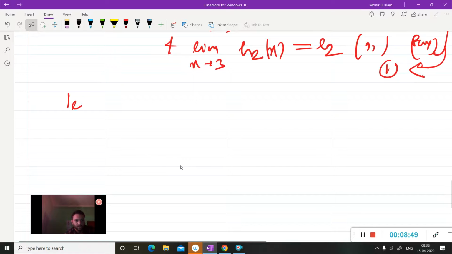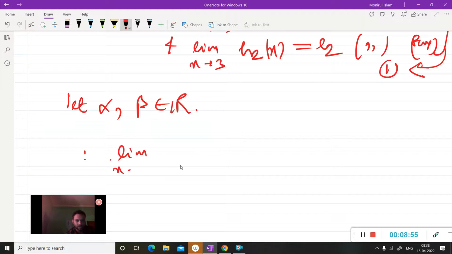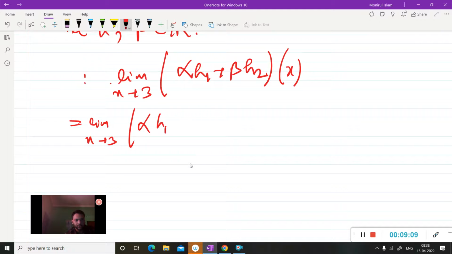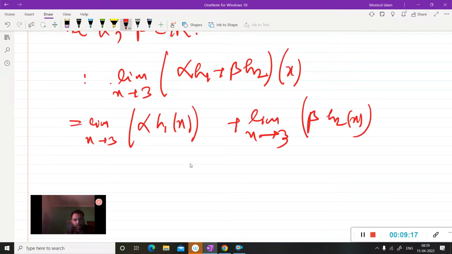If I take two scalars alpha and beta belonging to the scalar field R, then consider the limit x tends to 3 of the linear combination of h1 and h2. Let me calculate this limit. This limit will be the limit x tends to 3 of alpha h1(x) plus beta h2(x), right?